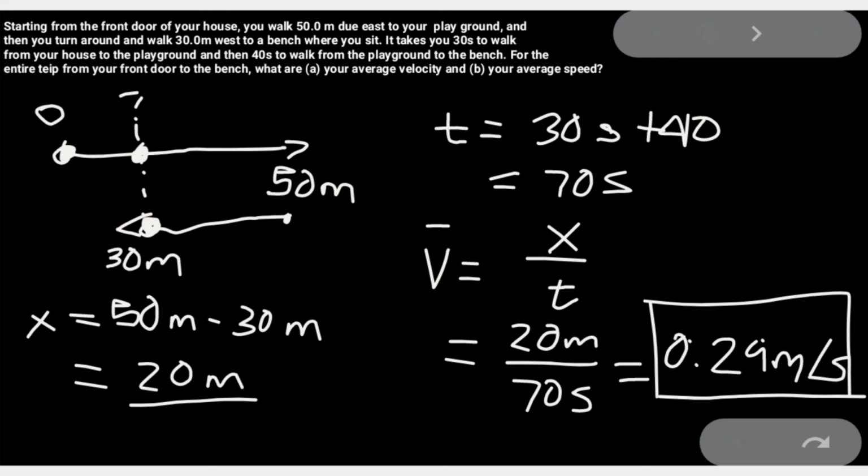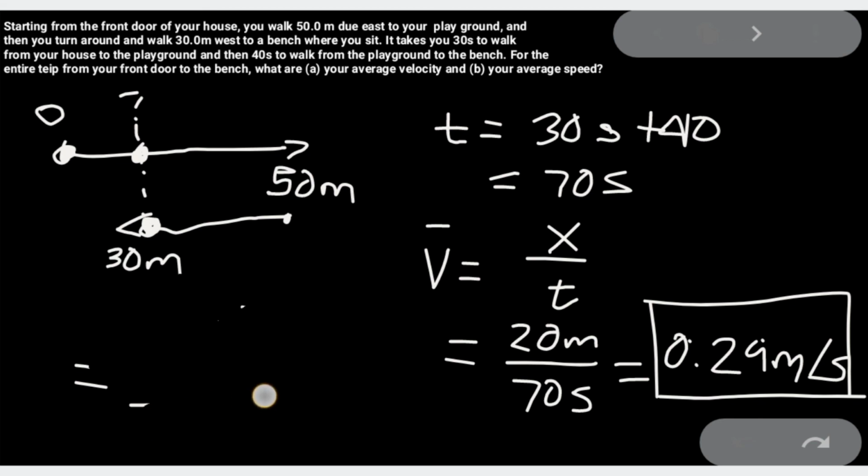Now, we are looking for the average speed. So what is the average speed? If we are looking for average speed, we now use the distance, because average speed is equal to distance over time. And the distance is the overall measurement of what you travel.